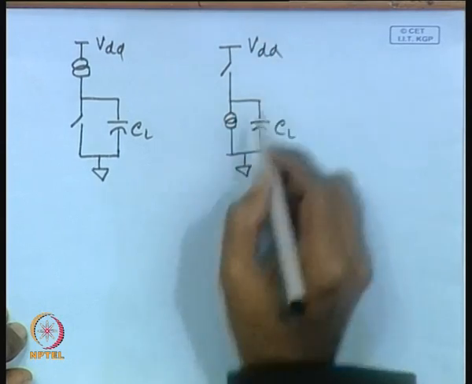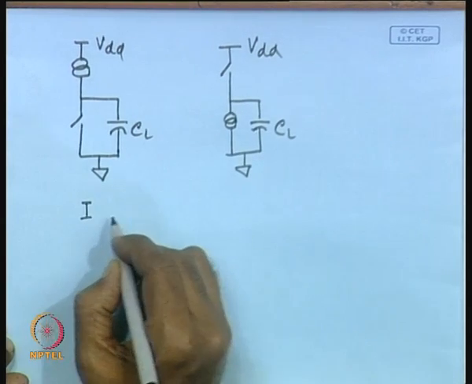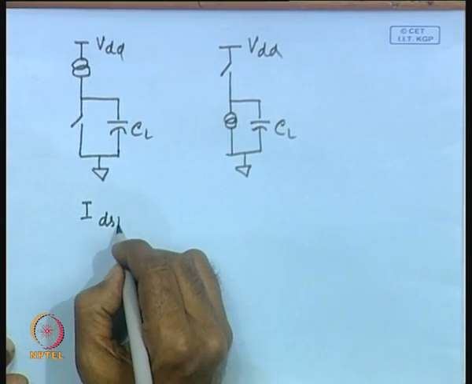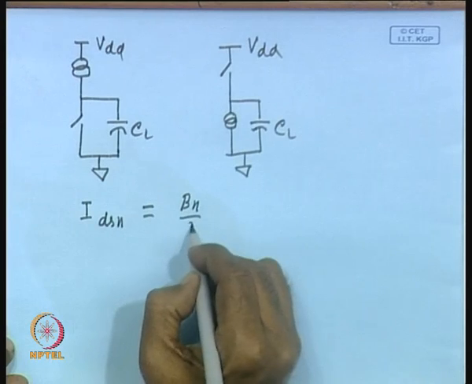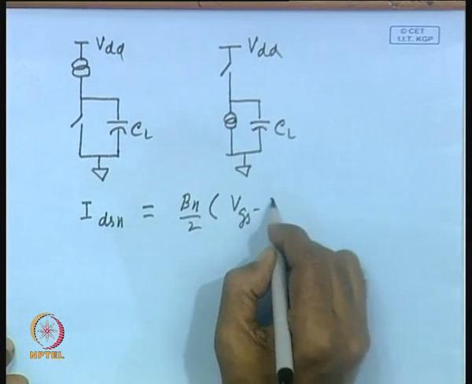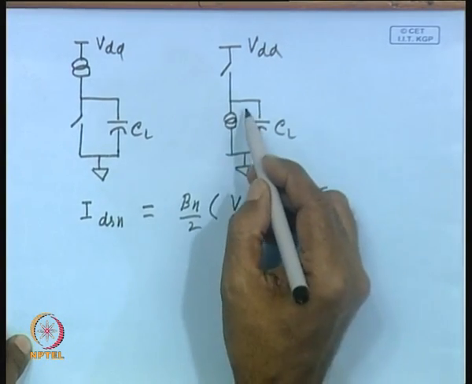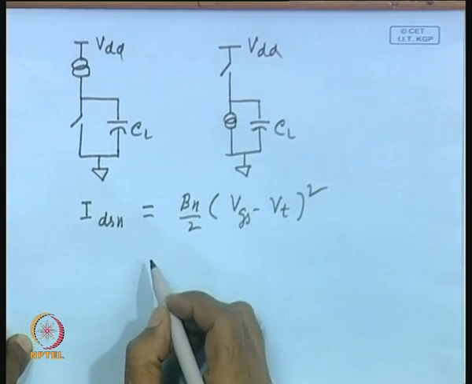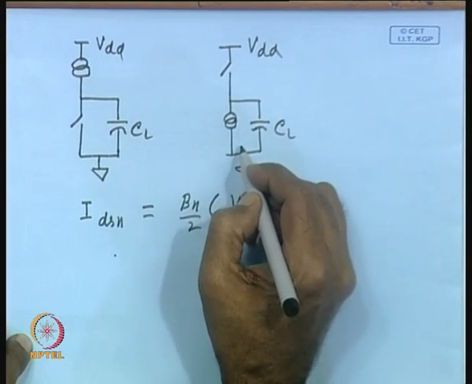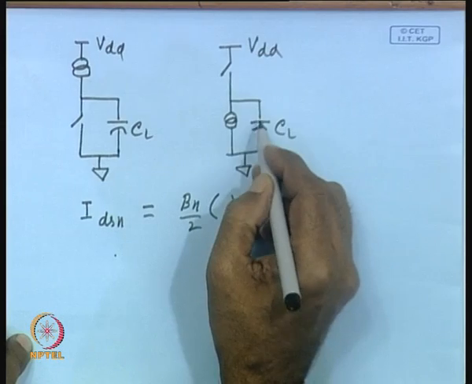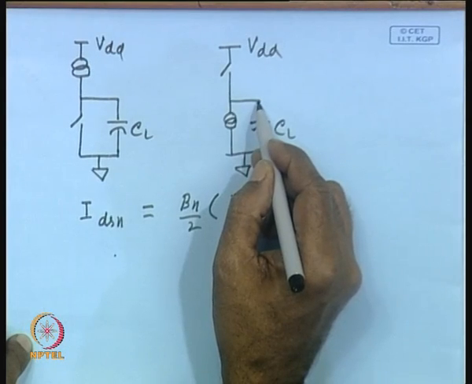So, this is VDD and this is ground, and as a consequence we can write down the expression for current IDSN in this particular case, which will be equal to beta n by 2 into (VGS minus VT) square. We know that. Since it is discharging through a constant current path, it is discharging from VDD to VDD by 2.